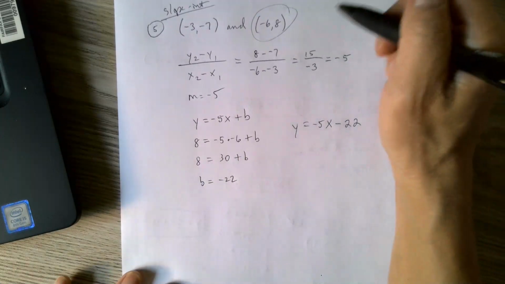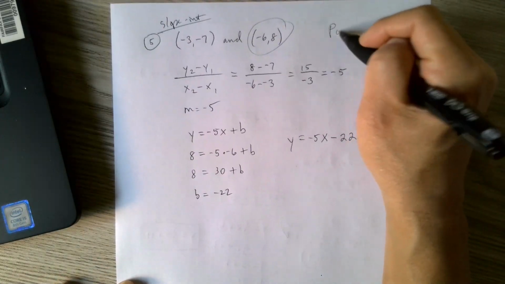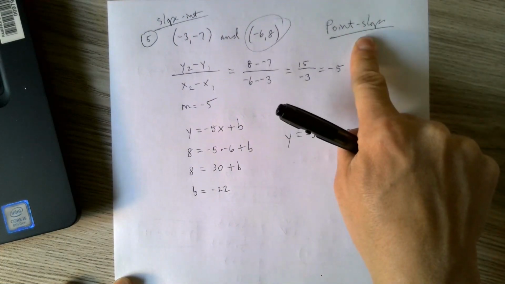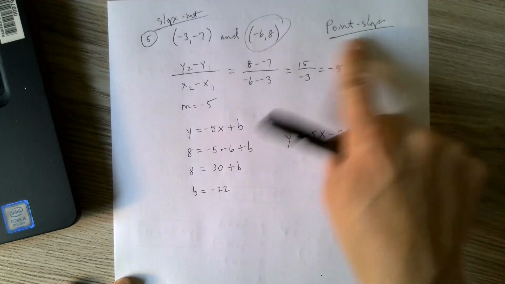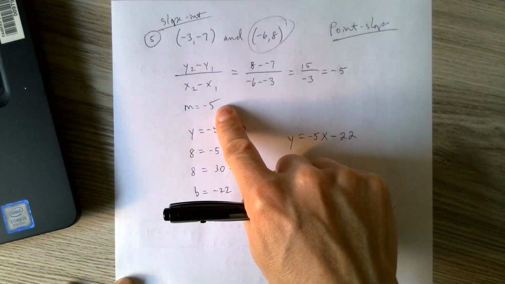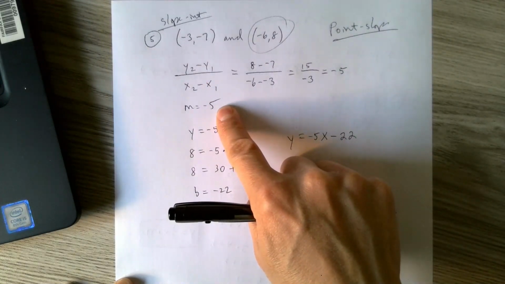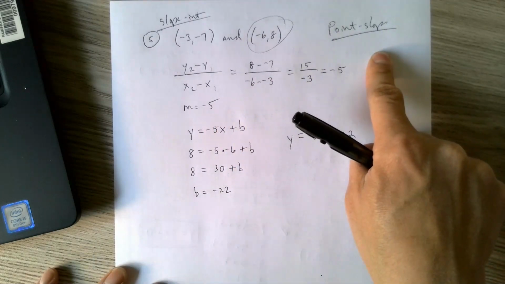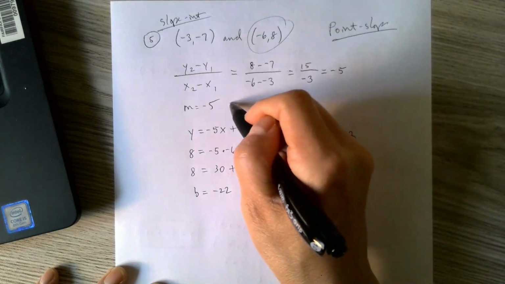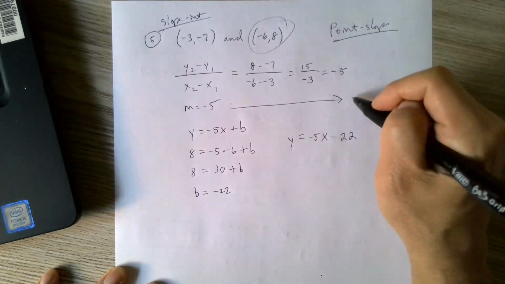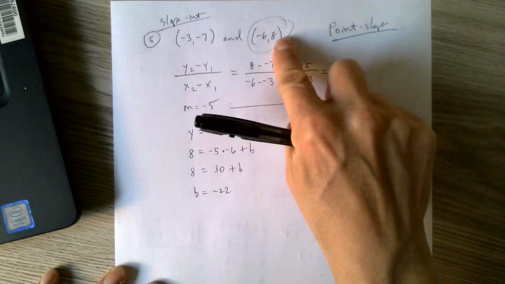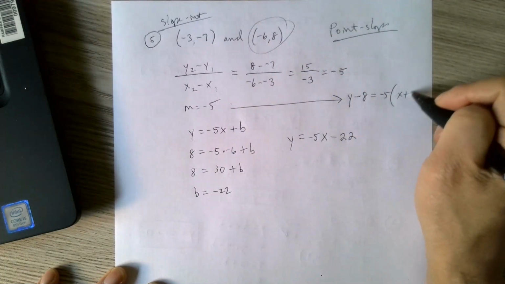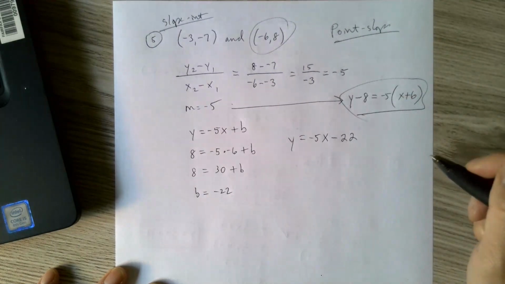Now, if I had instead asked for point slope, then at the point where you get the slope is -5, you're pretty much done, because in point slope, I don't need the y-intercept. So if I ask for point slope, after you got -5 as a slope, you could have stuck in this point, y minus 8 equals -5 times x plus 6, and then you're done.